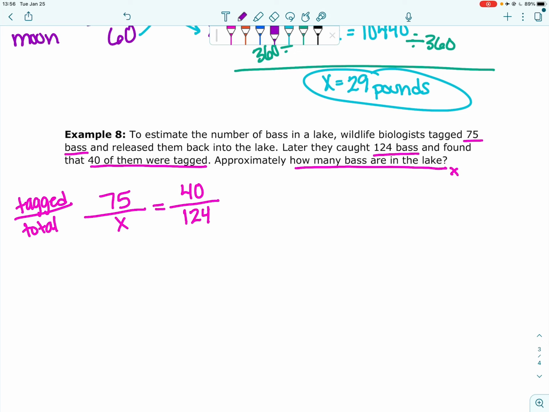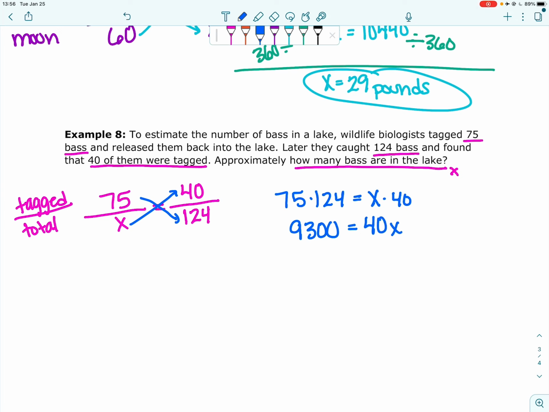So I'm going to cross multiply again. 75 times 124 equals x times 40. $9,300 equals 40x.